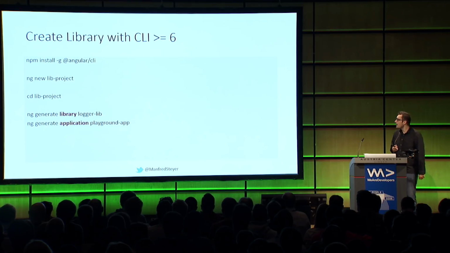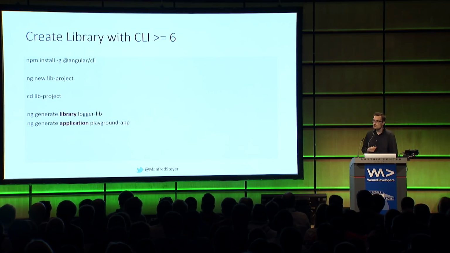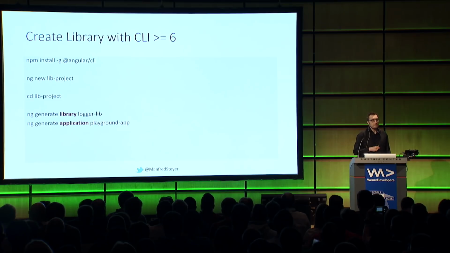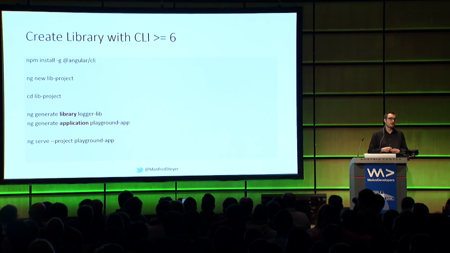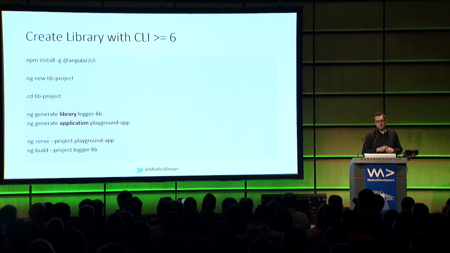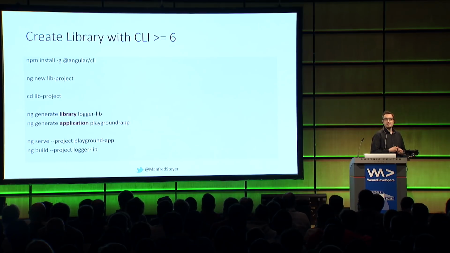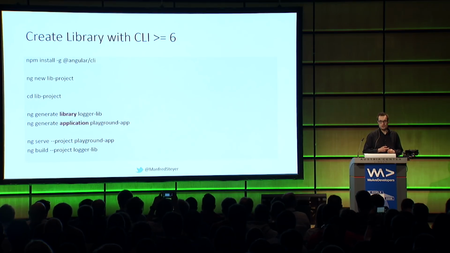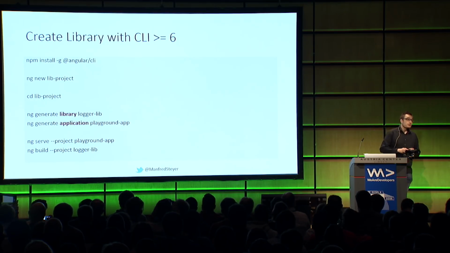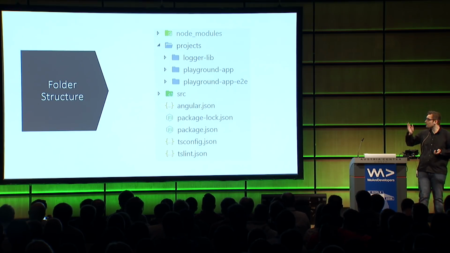For instance, here I've added a playground application to my project, a playground application that helps me to test my library. Yeah, and then of course you can serve your playground application, and when you're done, you can build your whole library project. And after this build step, that is leveraging ng-packagr, you have everything you need to publish something at your NPM registry. When you look at your folder structure, you see something like this.